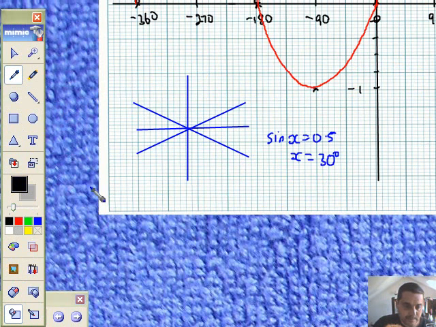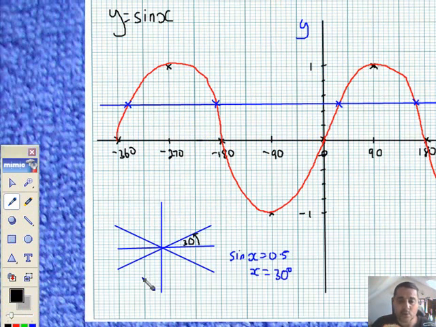Right, what have we got? So this is our first 30 degree angle going that way, anti-clockwise, positive. So straight away I've got one solution. The next angle stops right there. So if this is 30, then this must be 150 degrees. So there's my 2 solutions so far. That one must be the 30 one.